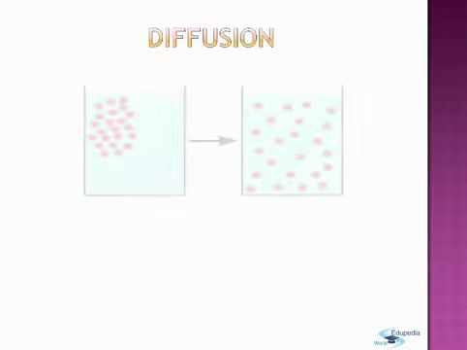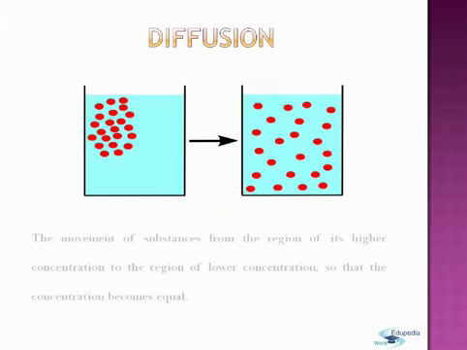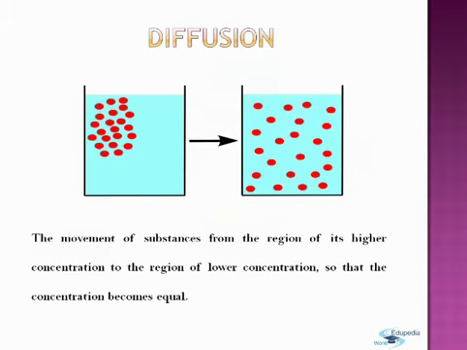First, let us discuss what is diffusion. Diffusion, as we can say, is the movement of the substances from the region of its higher concentration to the region of its lower concentration, so that the concentration becomes equal. The best example of diffusion is that if I open a perfume bottle at the corner of a room, I can smell the perfume at the other corner also.